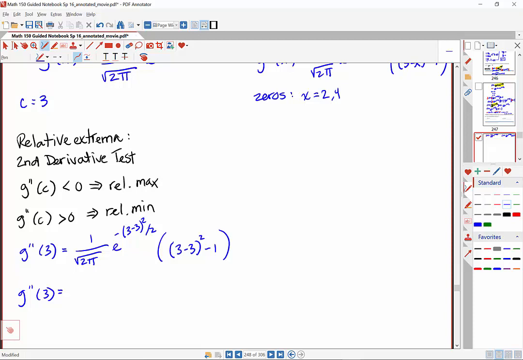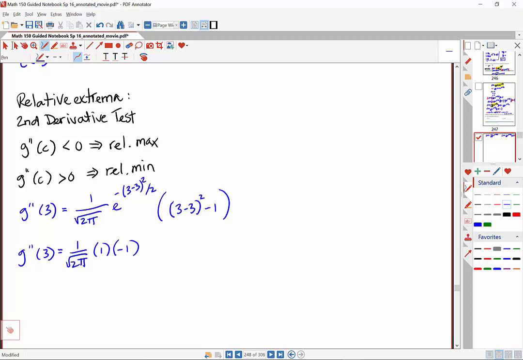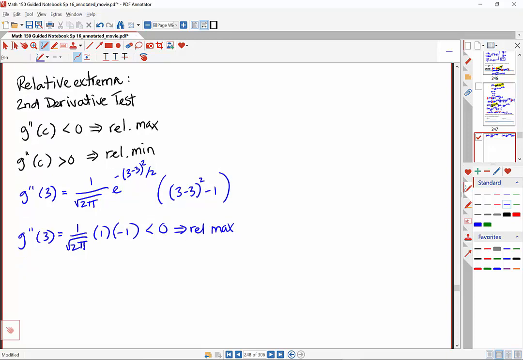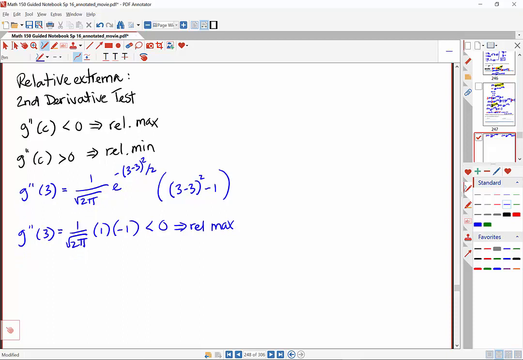So we'll end up with 1 over root 2 pi times 1. 3 minus 3 is 0, so we'd get times negative 1. So this is less than 0. So it implies relative max. Good so far?